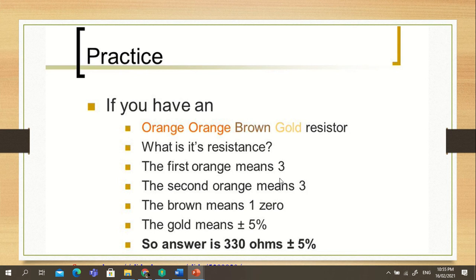When you multiply 33 by 10, you get 330. Then gold means the tolerance is plus or minus 5%. So the answer is 330 ohms plus or minus 5%. That's how to read the resistance of a resistor using the color code.